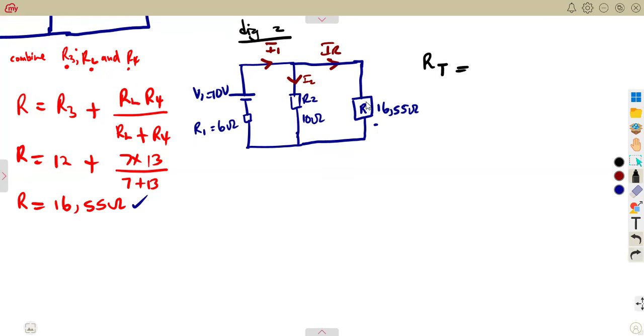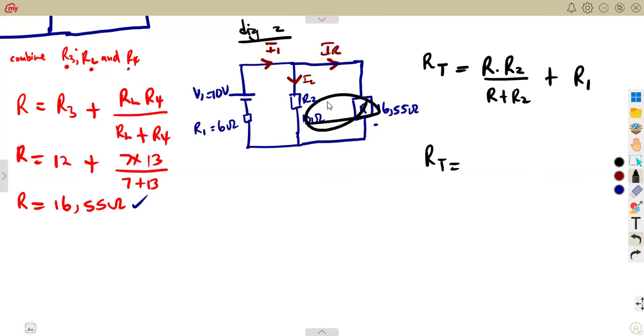They are now in parallel with R2, so that is going to be R times R2, the product over sum. Then we add R1. Thus, we've got the total resistance. You can even write R1 plus the product over sum, it's up to you.